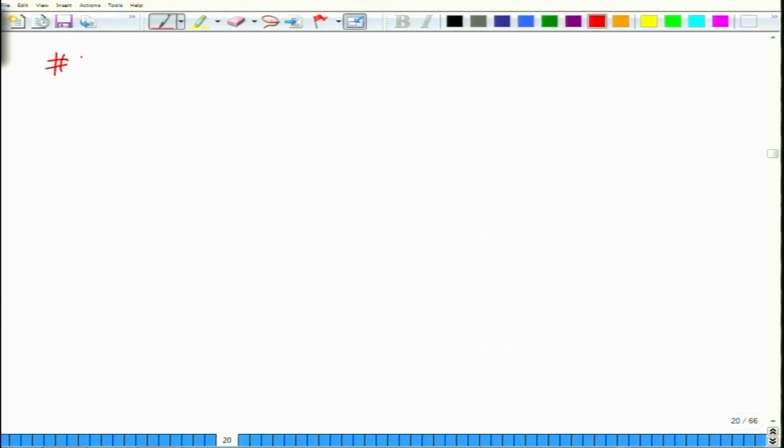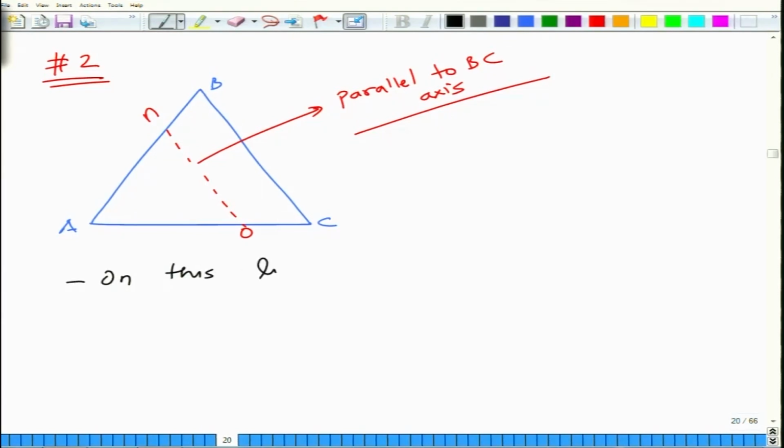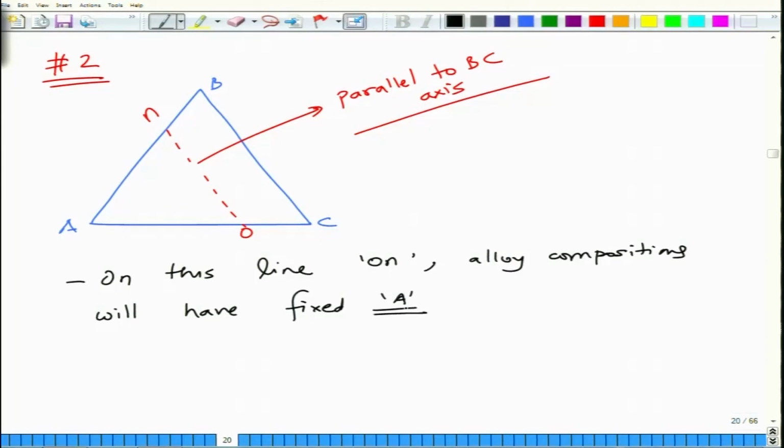The second concept of the ternary phase diagram is, if I draw a line ON that is parallel to the BC axis, then since this line is parallel to the BC axis, all the alloy compositions on this line ON will have fixed A. So, the A content will not change for this line.